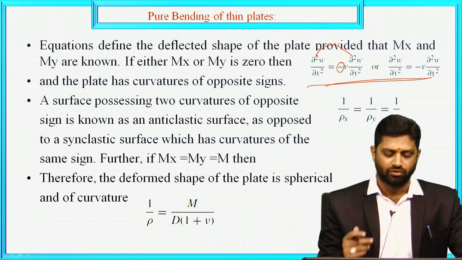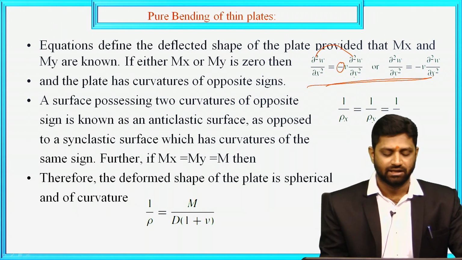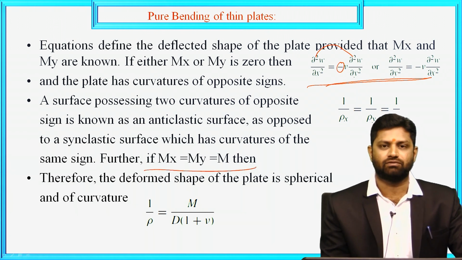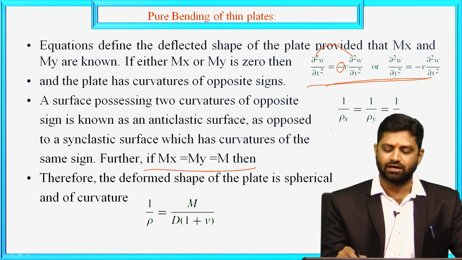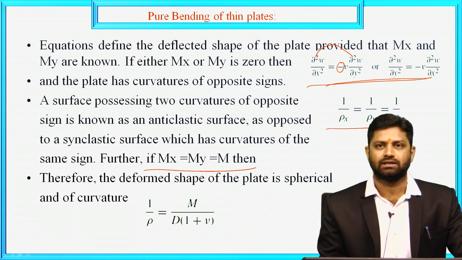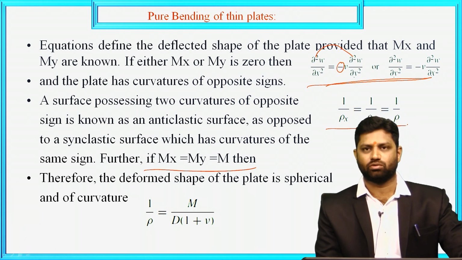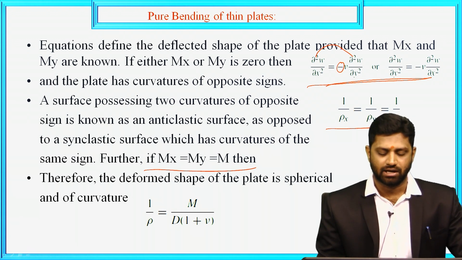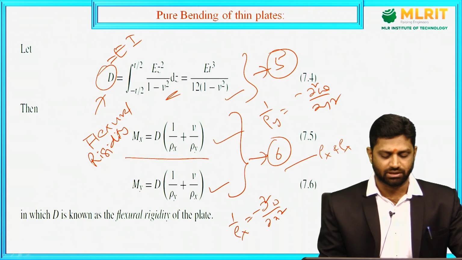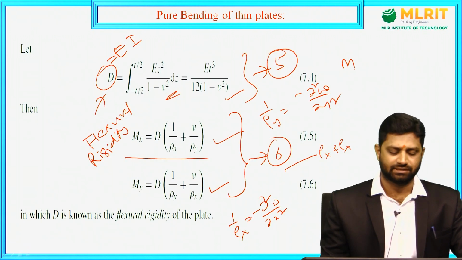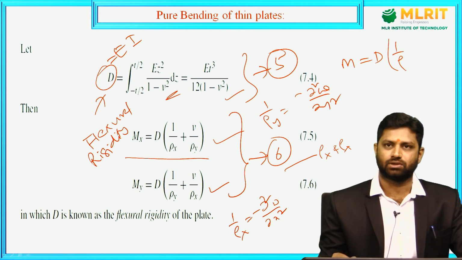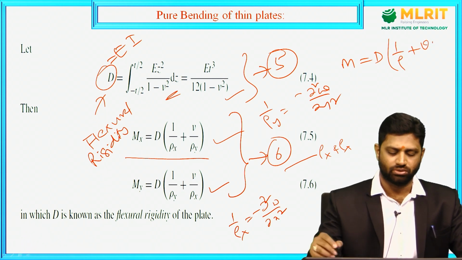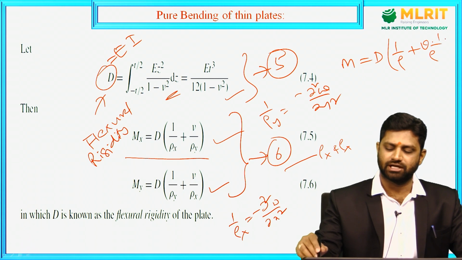Also we can take another assumption: that Mx equals My equals M, and that 1 by rho x equals 1 by rho y equals 1 by rho. When you substitute in equation number 6, Mx is considered as M, that is equal to D times (1 by rho x, considered as 1 by rho, plus nu into 1 by rho y, also assumed as 1 by rho).